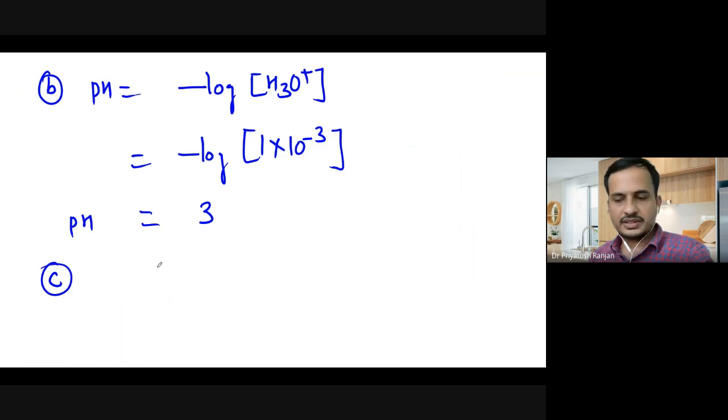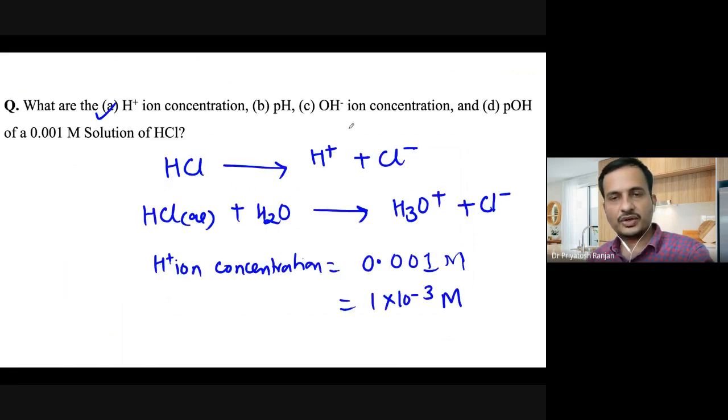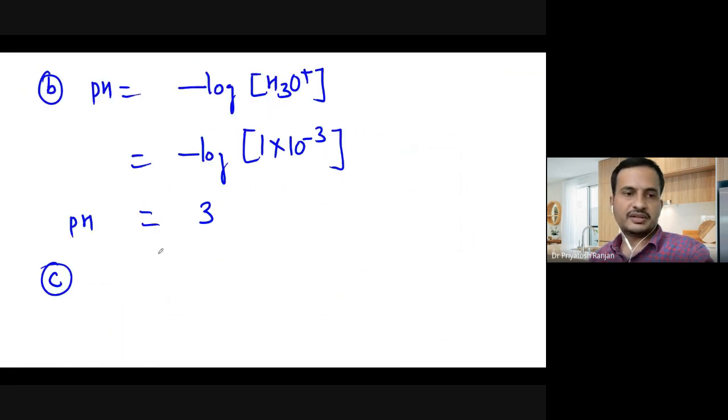What is the C question? C part. The C says hydroxide ion concentration. Now for that, you need to just revise your ionic product of water equation, if you know how to derive it, and what does it say?